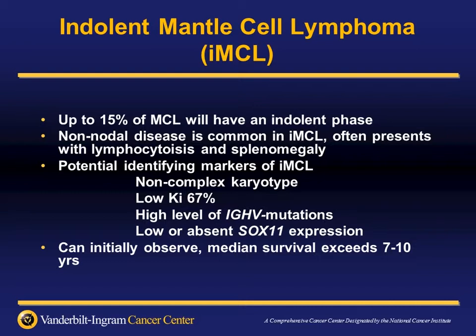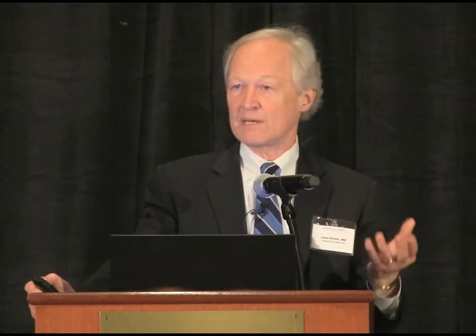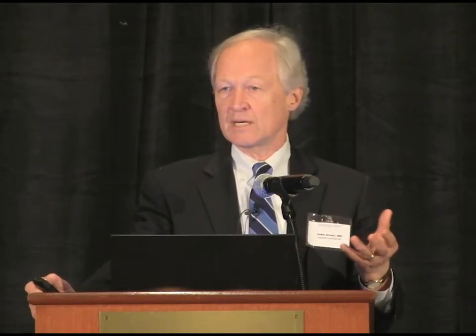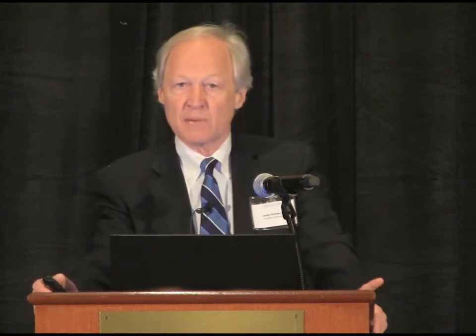You may be able to give them less aggressive therapy, because our knee-jerk reaction when we hear mantle cell lymphoma is to be aggressive, and I'll address that next. But these patients may be able to be approached like CLL without aggressive therapy. And this next is where we usually think of mantle cell lymphoma.